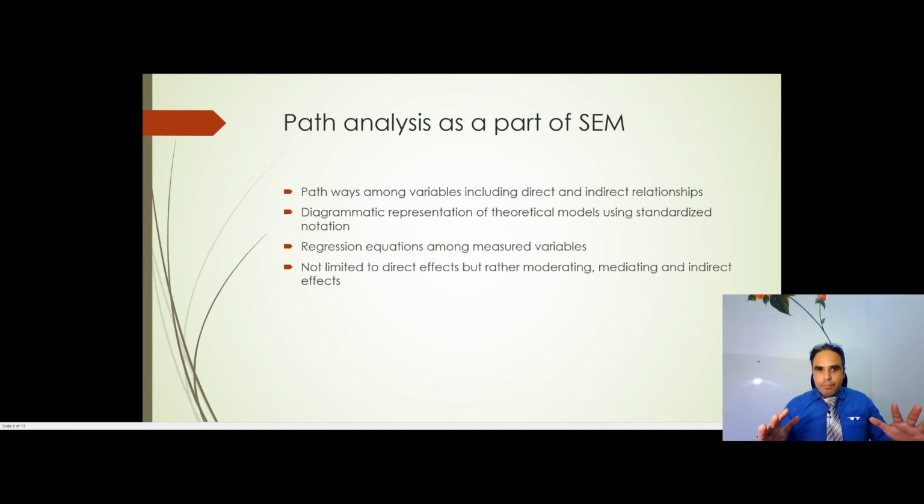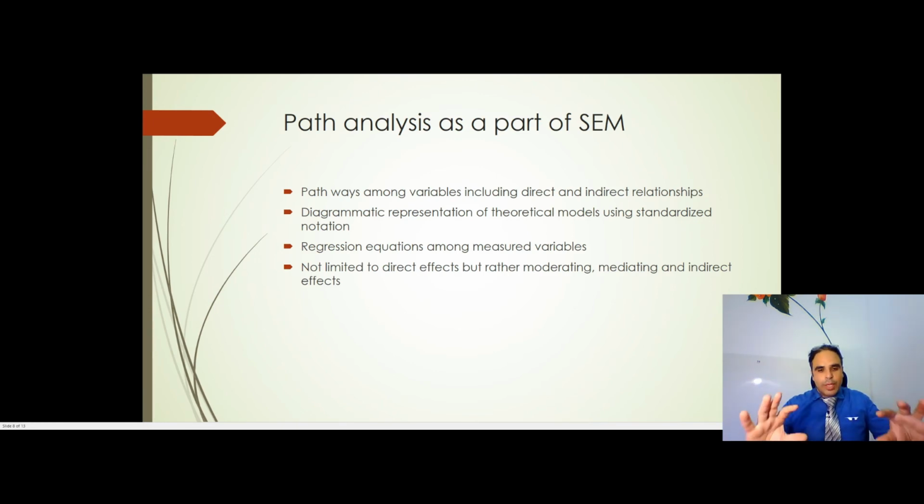In SEM, we're not limited to studying one relationship between two variables, but rather we can study relationships between multiple independent variables and multiple dependent variables.